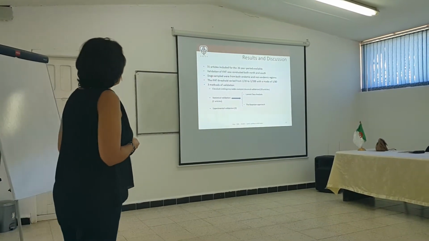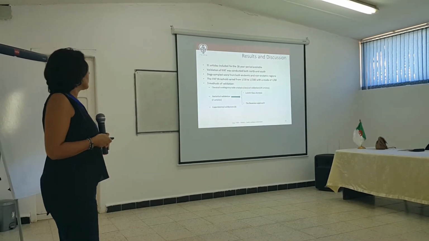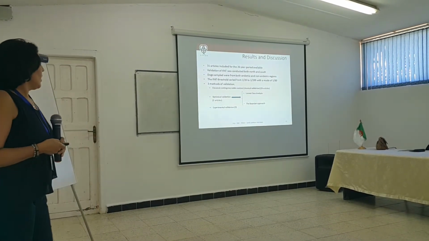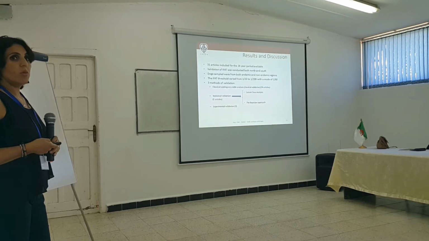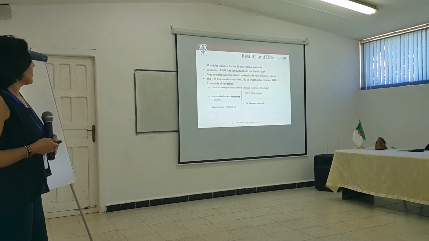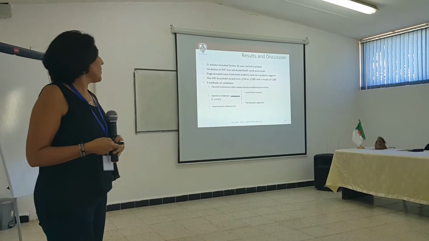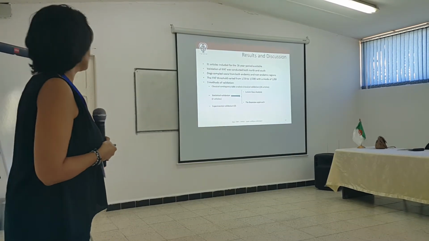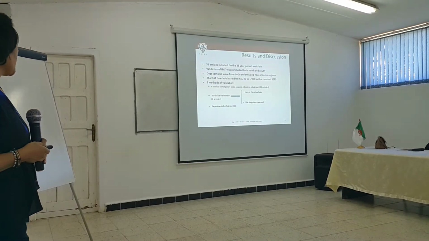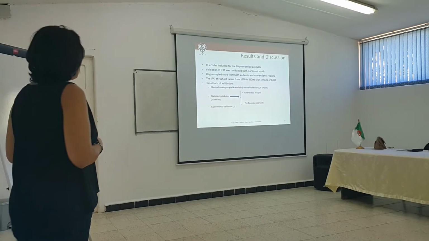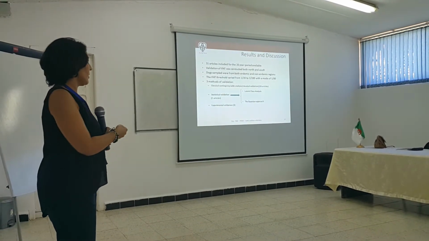Three methods of validation stood out. The classical contingency table analysis, the 2x2 table, with 26 articles. The statistical validation with 2 articles, one based on the latent class analysis and the second based on the Bayesian average. And finally, an experimental validation based on 3 articles.